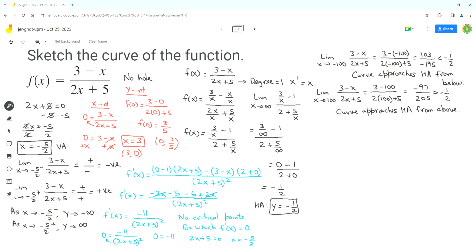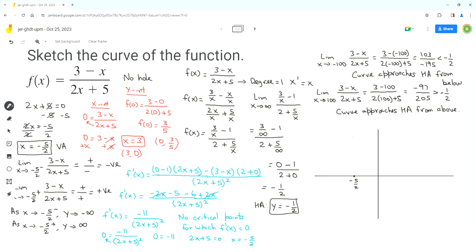Now we can use all of these results to sketch the function. So let's start with the vertical asymptote. The vertical asymptote is at negative 5/2 or negative 2.5. So let's assume it's somewhere here, negative 5/2.